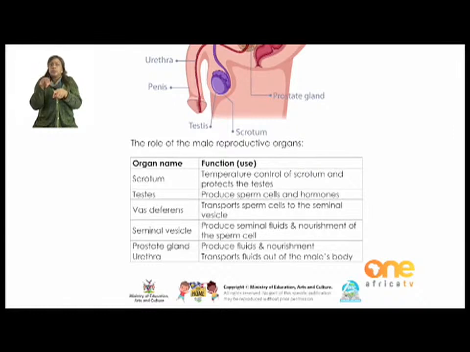And then from there we have the prostate gland, which is responsible for producing fluids and nourishment, which will further aid the movement of the sperm cells. And all these contents will exit the male's body through the urethra.